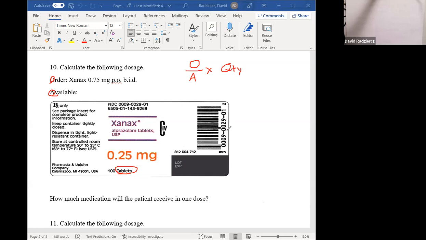All right, so what I'm going to do is move over to my paper here.